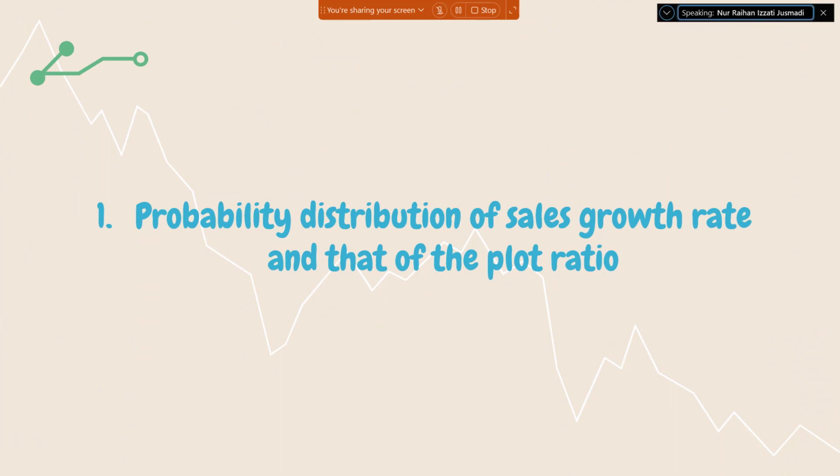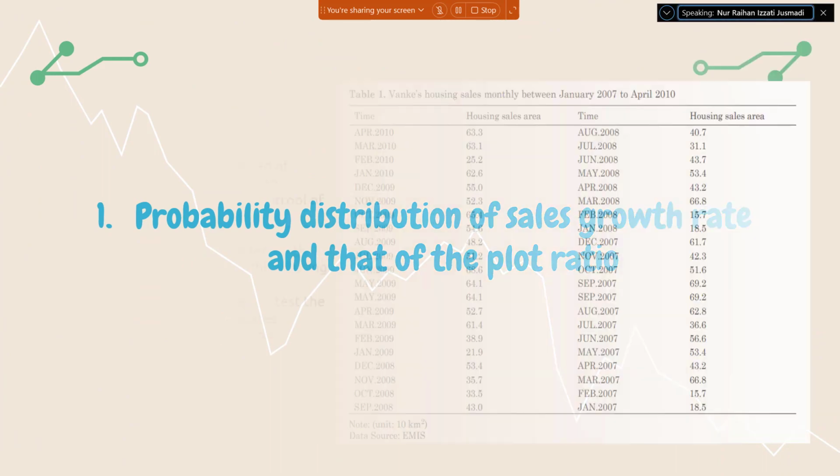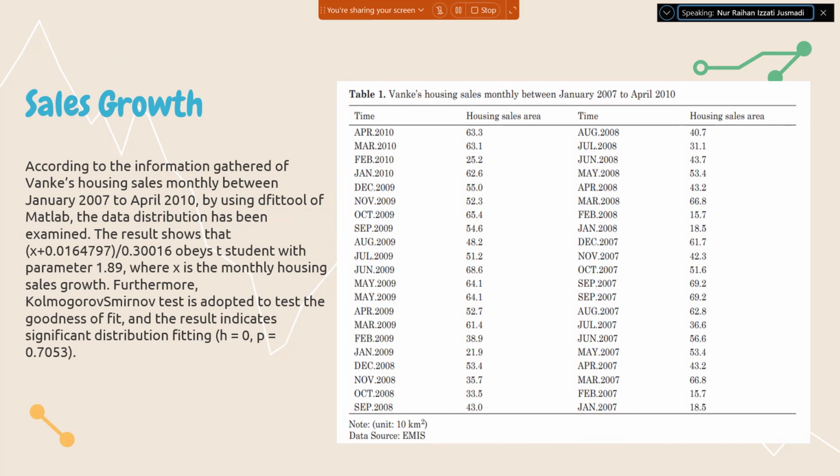Probability distribution of sales growth rate and that of the plot ratio. Sales growth. According to the information gathered on Vanke's monthly housing sales between January 2007 and April 2010, using the fit tool of MATLAB, the data distribution has been examined as shown in Table 1.